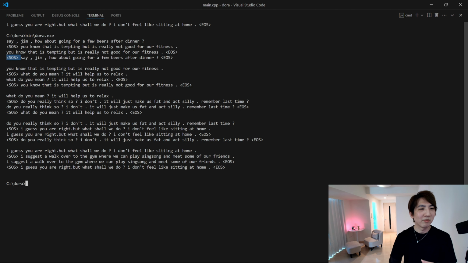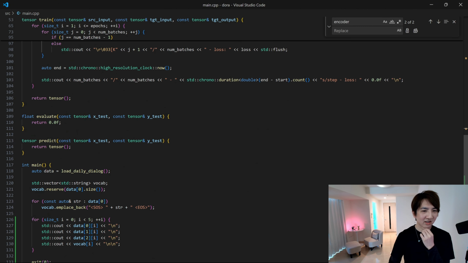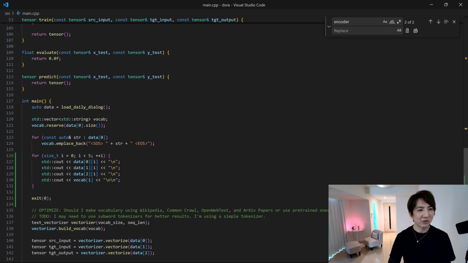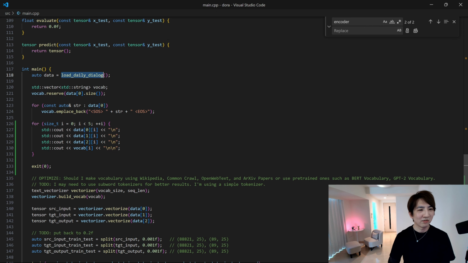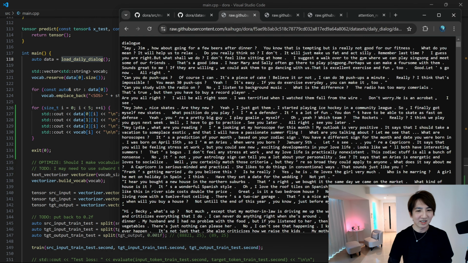So they include both SOS and EOS, and are never missing any prompts. So that's the optimizations and refactorizations for this load dataset function.